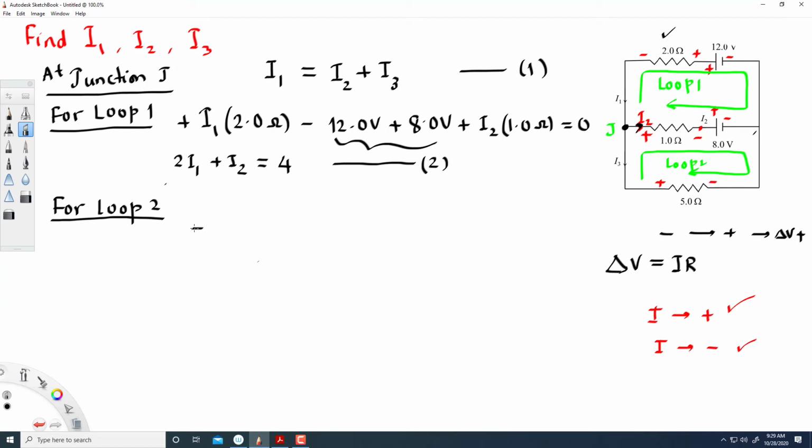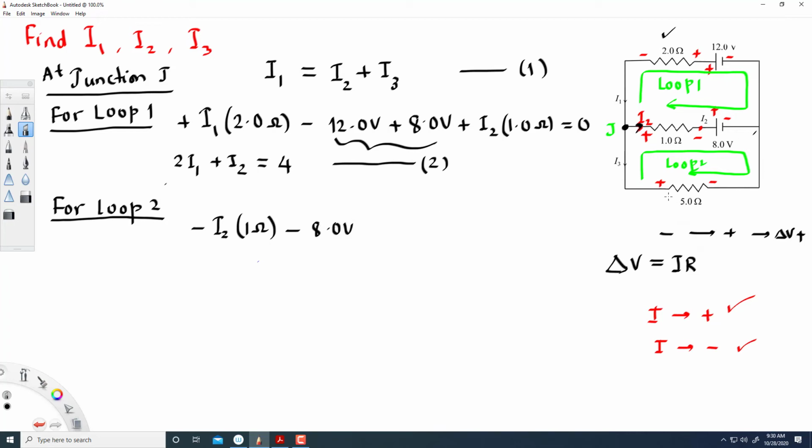That means delta V would be negative. Delta V here is I times R. I is I2, and R is 1 ohm. The next one is the battery, and we are going from positive to negative. That's negative 8 volts.